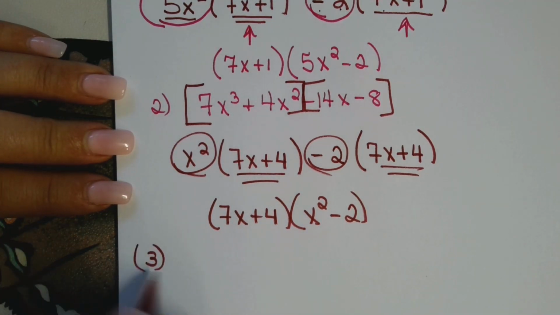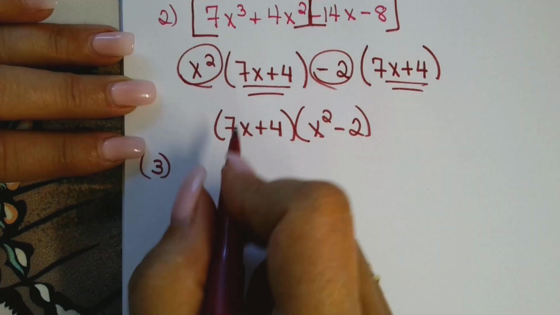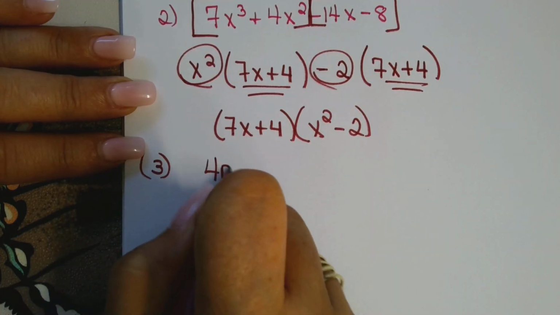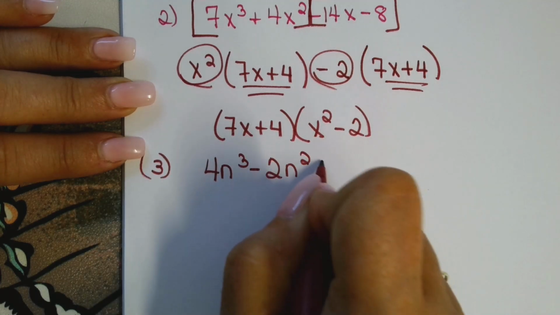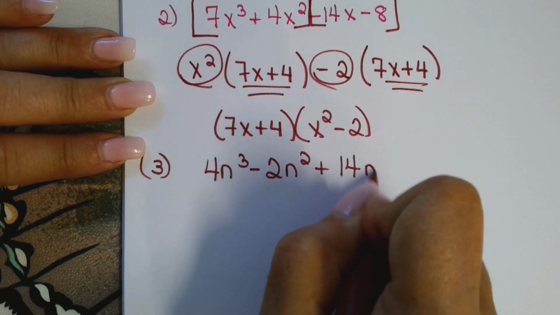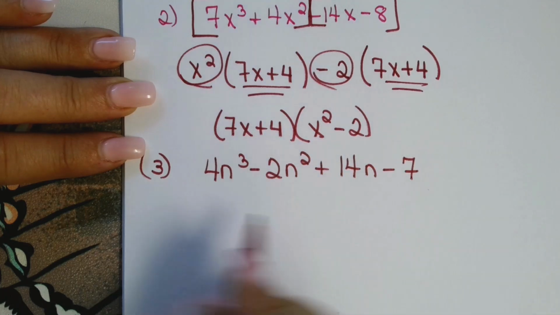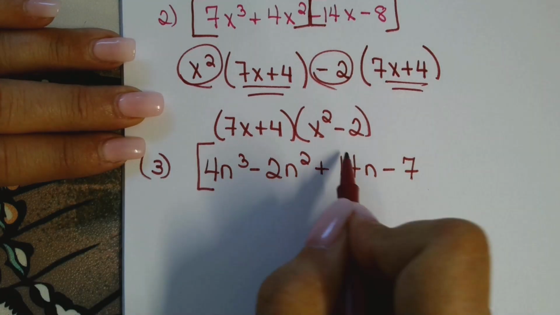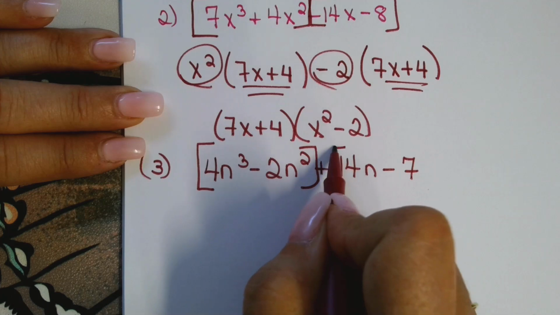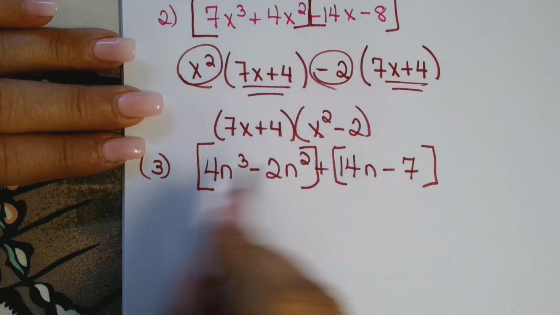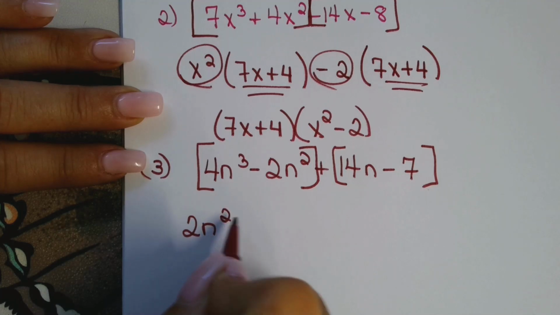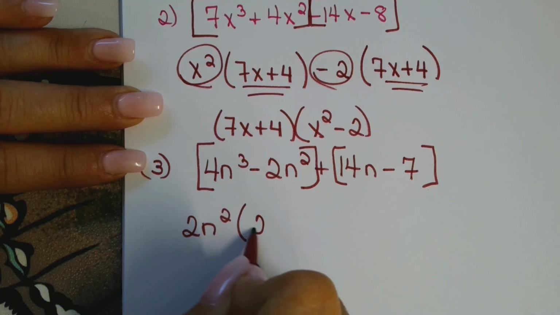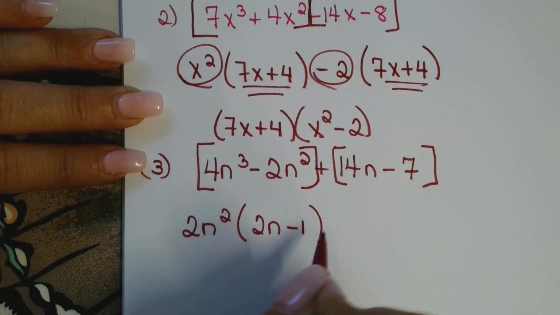Number 3. We have 4n to the third minus 2n squared plus 14n minus 7. Again, we're going to factor these two, and we're going to factor these two. Here we're going to pull out a 2n squared, and we'll be left with 2n minus 1.